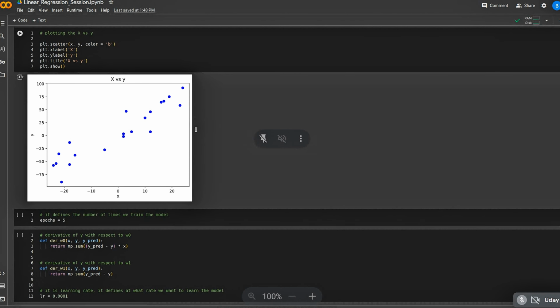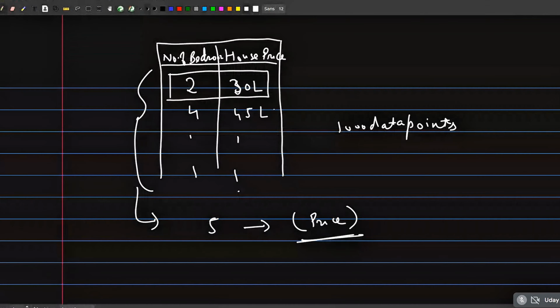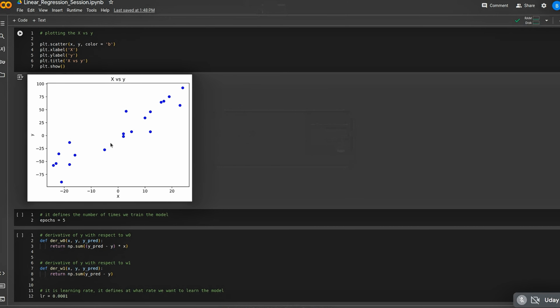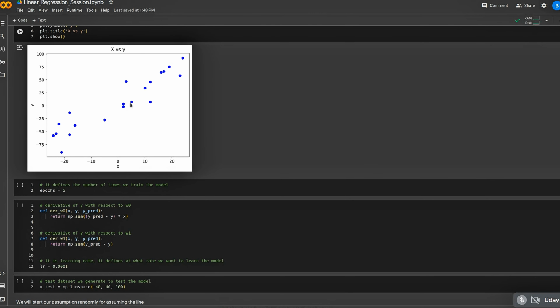The first step: you got the data in tabular format, and you plot it. This is called a scatter plot. Let's say X is your number of bedrooms and Y is your house price.